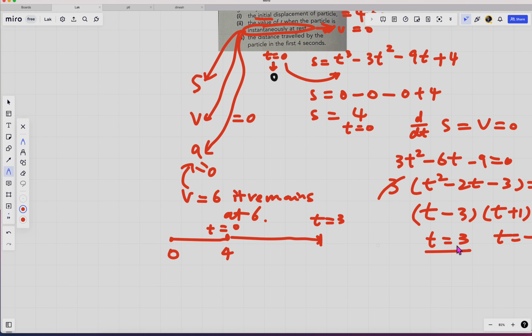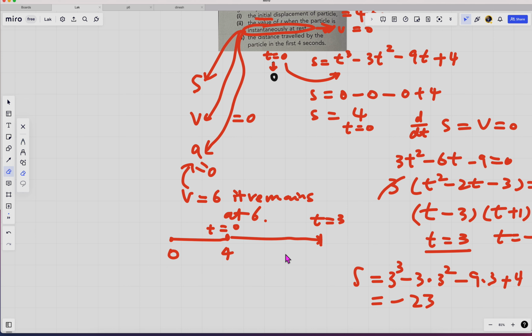So can you help me out? s equals 3 to the power 3, minus 3 to the power 2, minus 9 times 3, plus 4. So what's the answer? Negative 23.